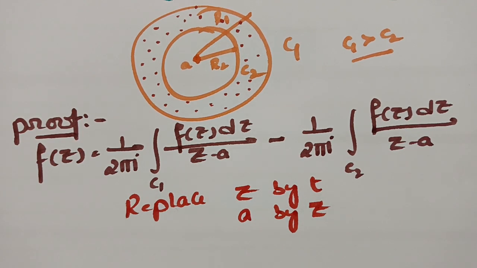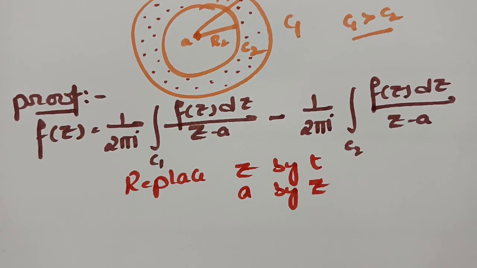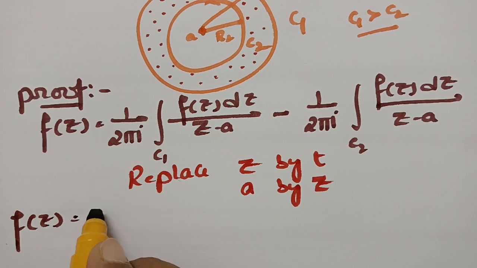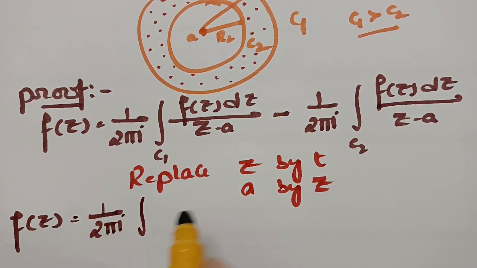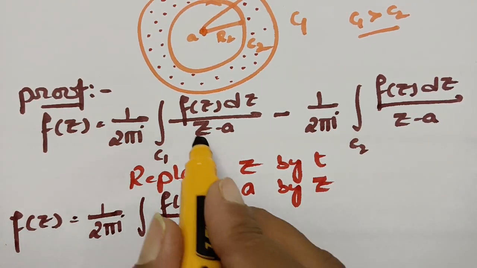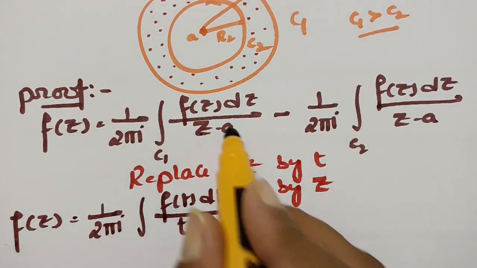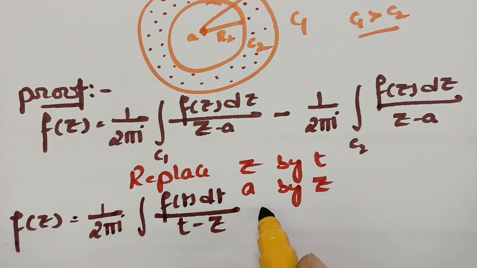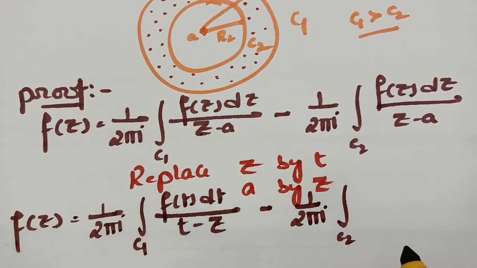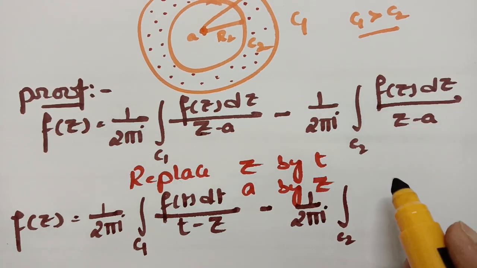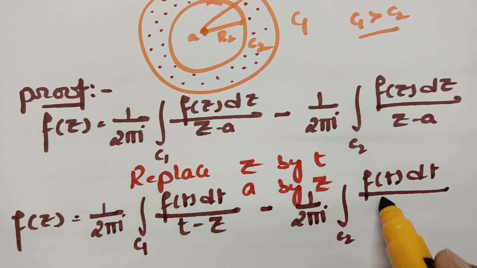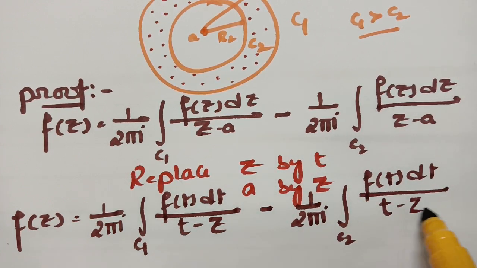So f(z) is equal to 1/(2πi) times the integral of, in place of z I am writing t, so this will be f(t) dt / (t − z), minus 1/(2πi) times the integral over C2, where in place of z I am writing t, so this will be f(t) dt / (t − z).